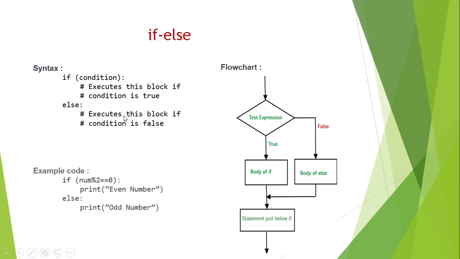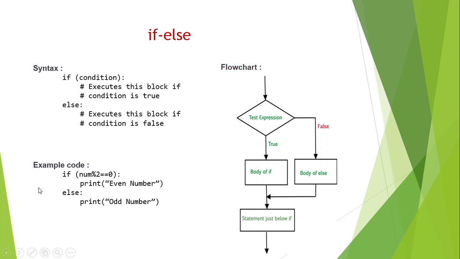This is the syntax. For an example code, we have an identifier num, and a value is assigned to it. We want to check whether this number is even or odd. So in the condition of if, we check whether this number is divisible by 2 or not.